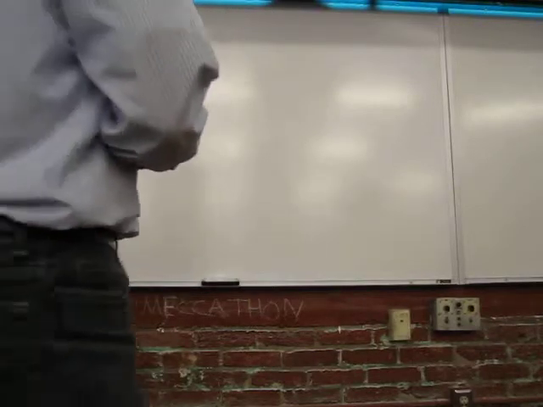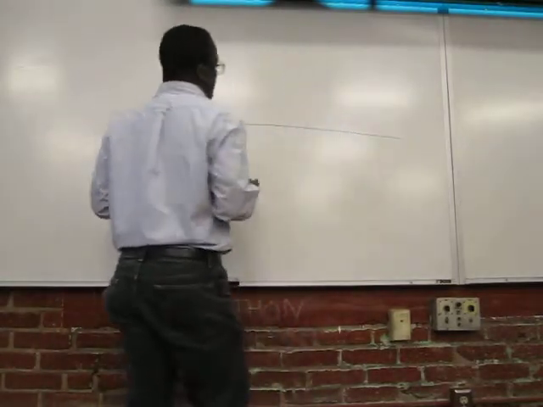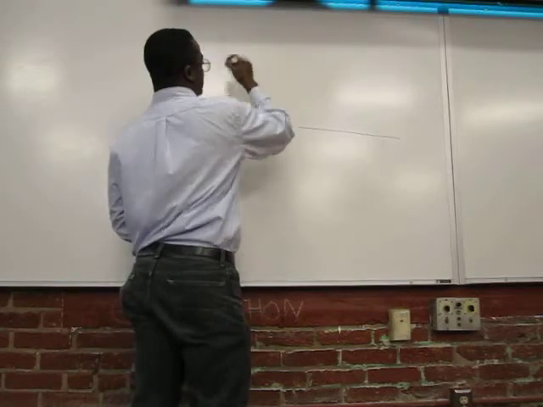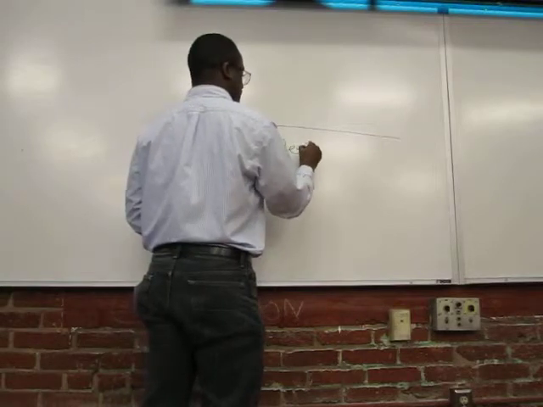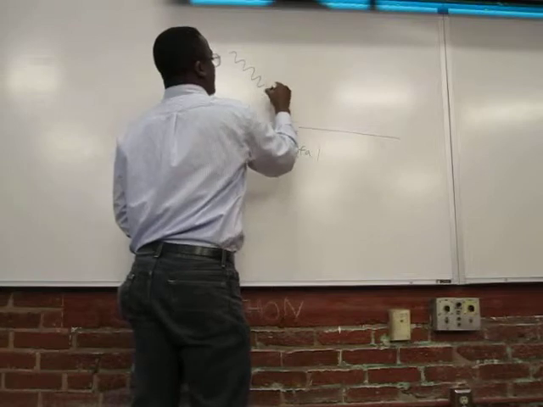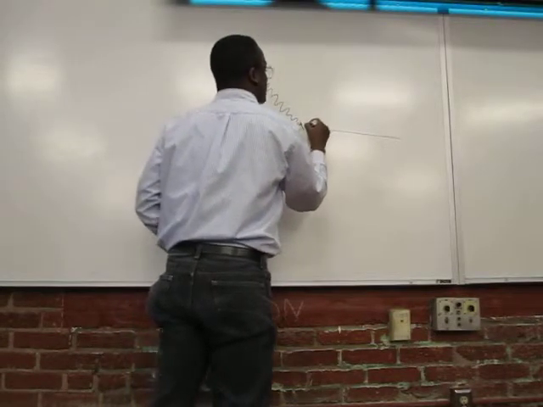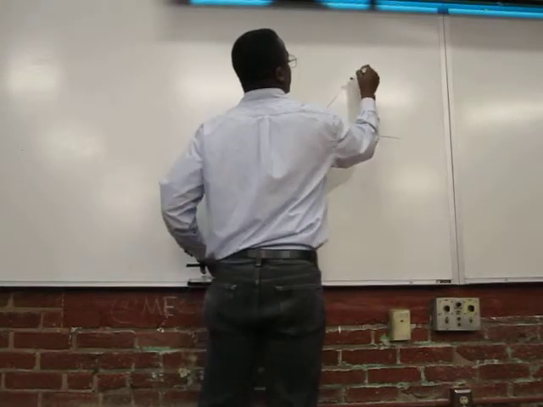So let me talk about the photoelectric effect. Okay, so the photoelectric effect talks about light interacting with matter, more specifically, metal. Here's the story. You've got a photon that comes in. It strikes the surface of the metal, and it hits the electron. That electron pops out, and it has a certain kinetic energy.